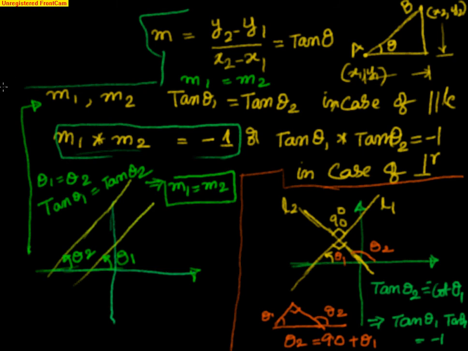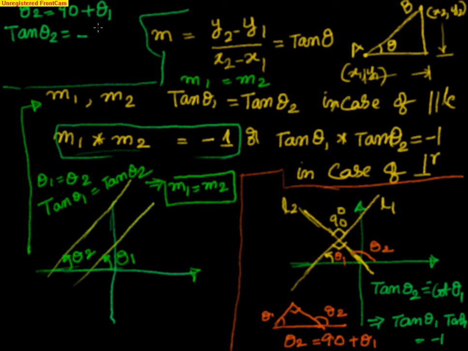So we have seen that, but if you think it is not clear, let me just do that again here. See here, theta 2 is equal to 90 plus theta 1. Now I can apply tan on both sides. This becomes tan theta 2 equals tan of 90 plus theta 1. In the second quadrant, tan is negative. And if you add 90 to theta, tan will become cot.